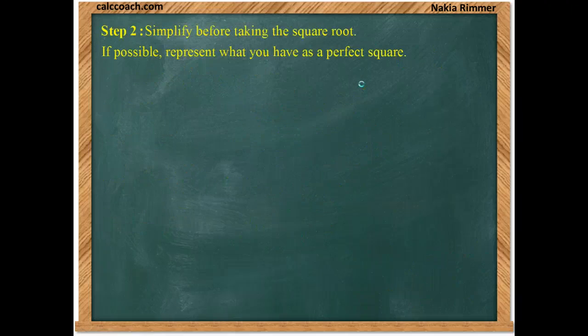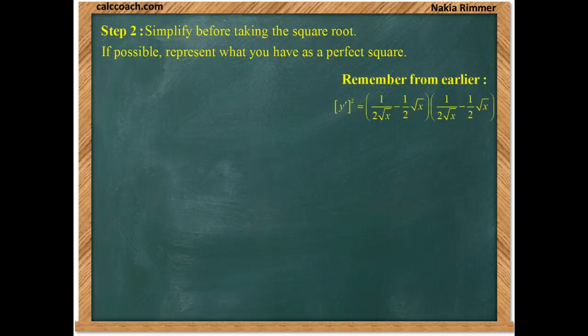Step 2, simplify before taking the square root, if possible. You won't always be able to do this, but if possible, represent what you have as a perfect square. Now, from the slide earlier, we saw that when we squared out 1 over 2 root x minus 1 over 2 times root x, we have a negative a half from the middle terms combining. Well, if we had put a plus in between them, we would have a positive half.